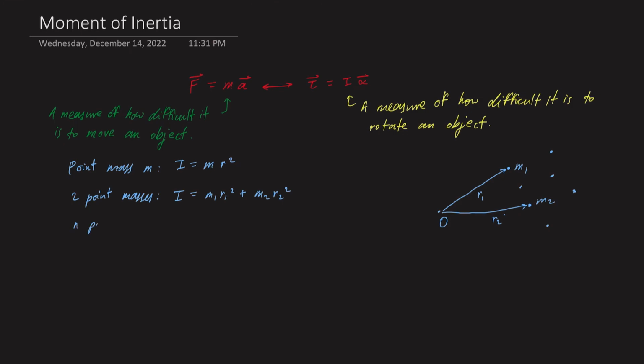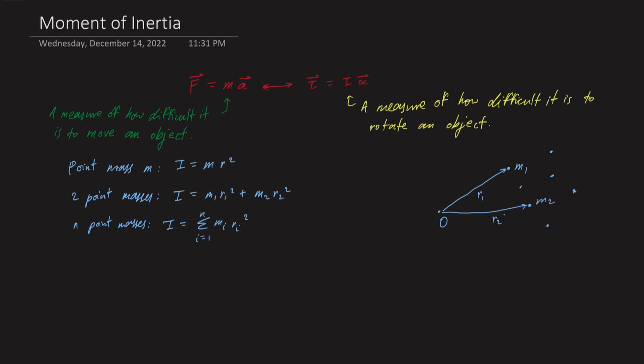So for n point masses, we have the moment of inertia is the sum from i equals 1 to the number of point masses of m sub i r sub i squared. So that's what it is for point masses.